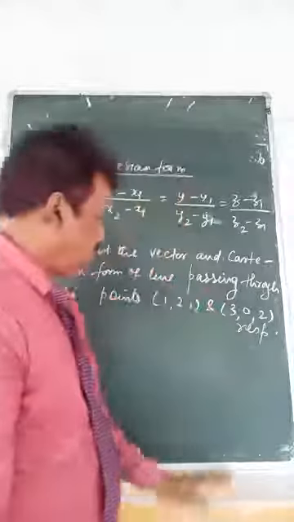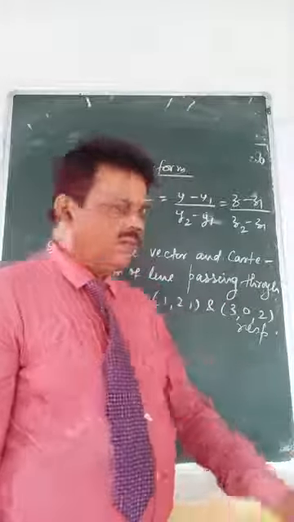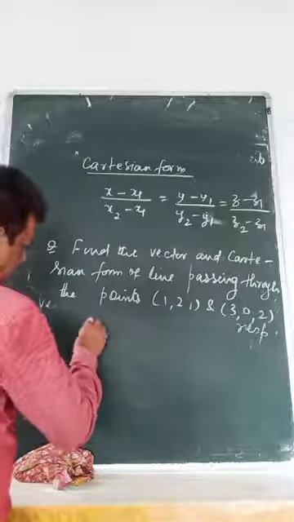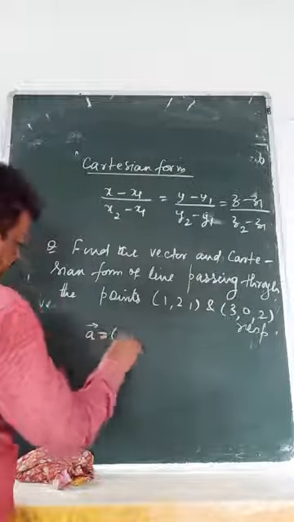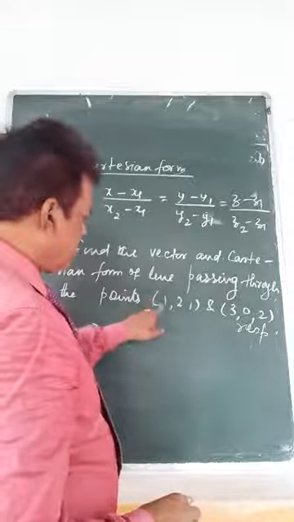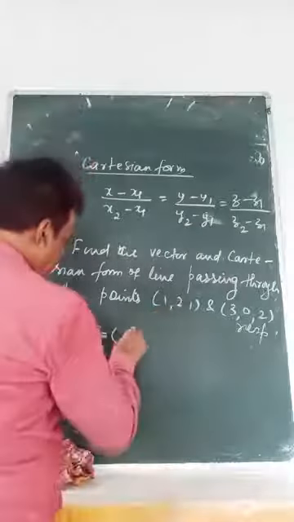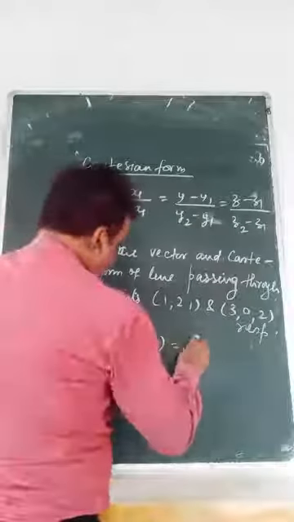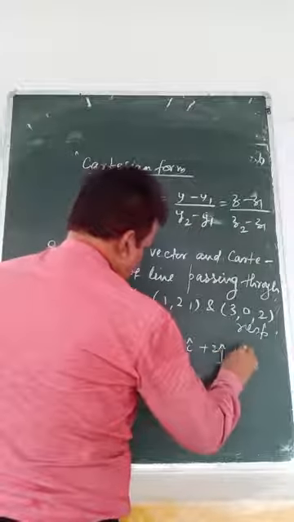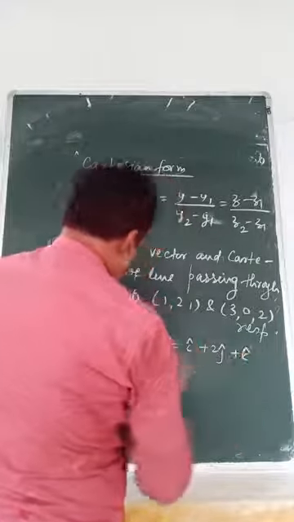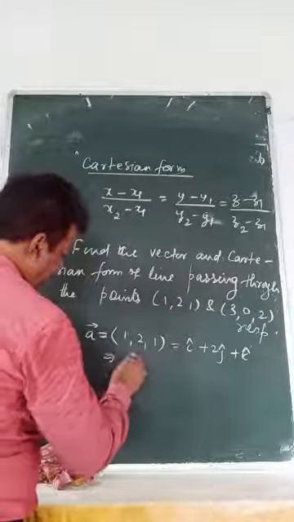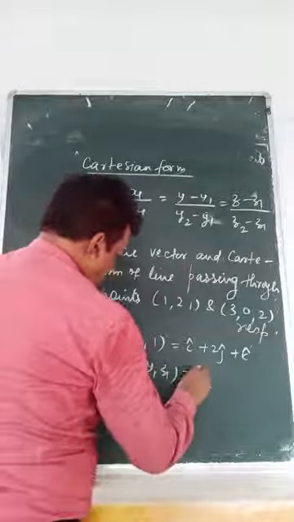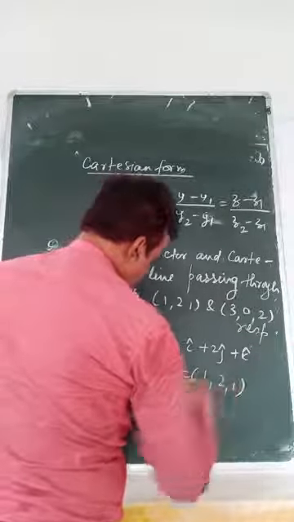Okay, no need to draw the diagram. Simply we say one point, that is your A vector. First one will be the A vector whose direction ratios are 1, 2, 1. That will be i plus 2j plus k. So this gives you x1, y1, z1, that is 1, 2, 1.